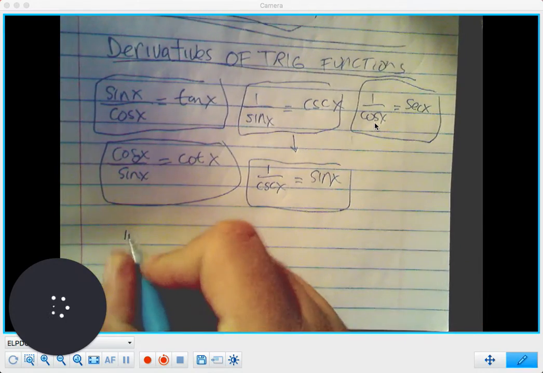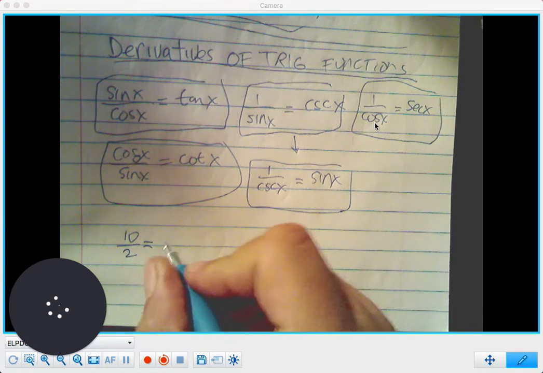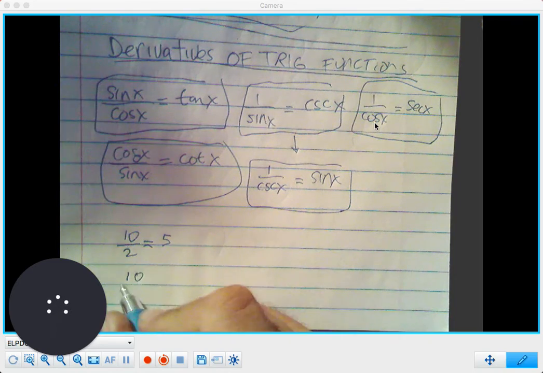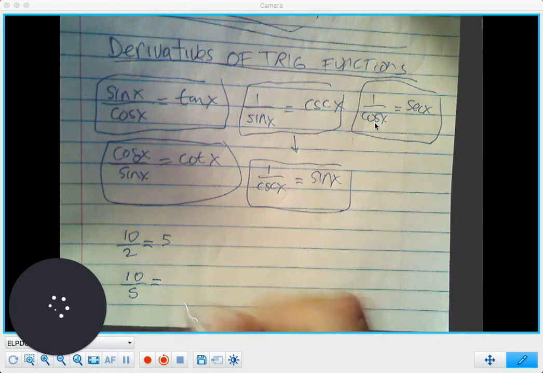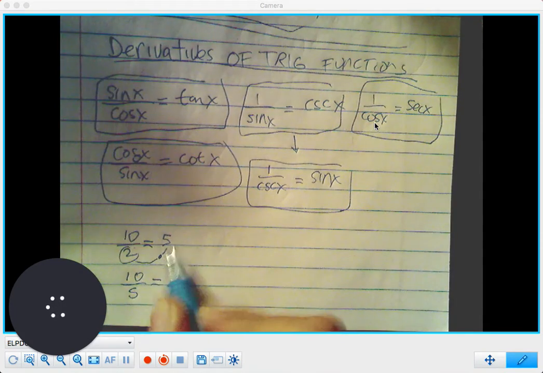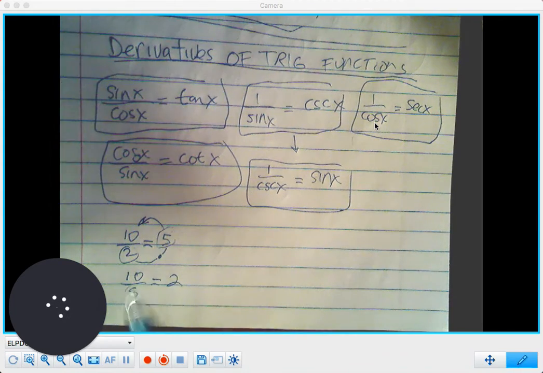Look, what is 10 divided by 2? It's 5. Okay. What is 10 divided by 5? It's 2. Now if you get this one, what is 2 times 5? It's 10. What is 5 times 2?